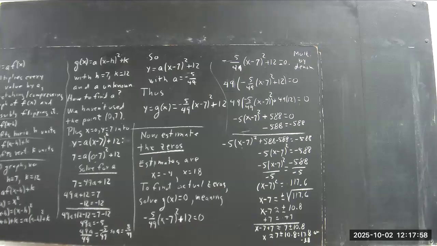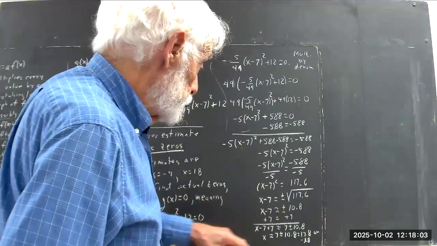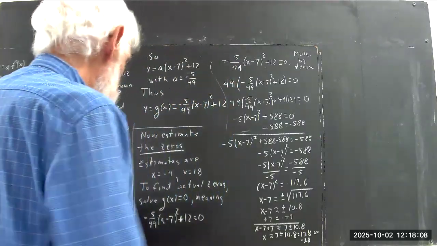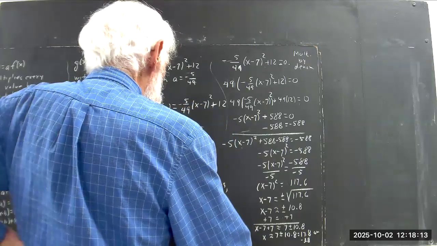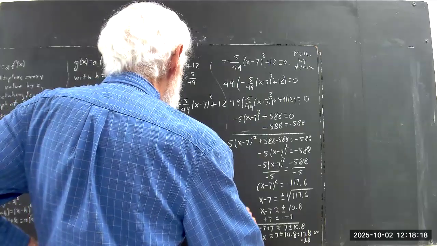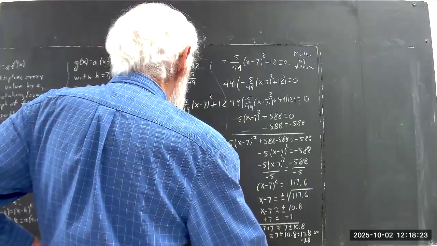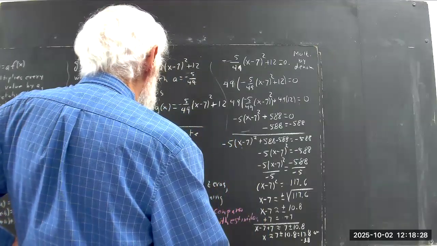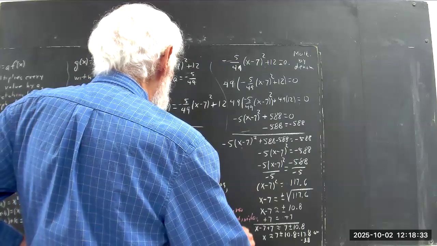Now let's make sure that my numbers are visible. They are. Just getting used to this camera. I like this camera a lot. We compare that with the estimates. x equals 18 and x equals negative 4.